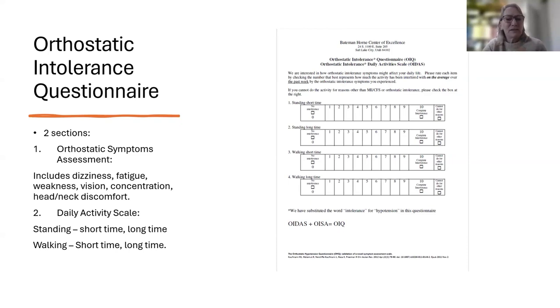And again, this is a really good tool for just communicating to healthcare professionals the degree of impact that you are suffering from orthostatic intolerance. It can be quite a powerful tool, I think, to show that degree of loss of function.